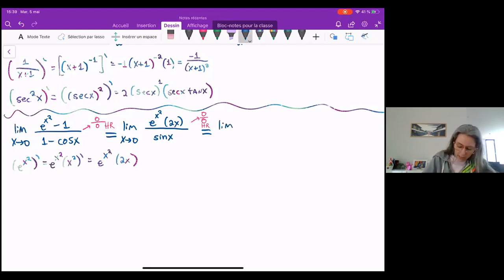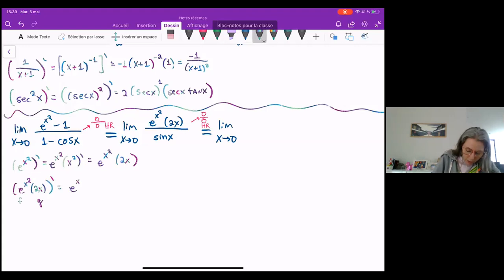The limit as x approaches 0, well, I have e to the x squared times 2x on top. That means I'm going to need a product rule. So I'm going to go down and do the product rule first. e to the x squared times 2x, prime. So I can think of that e to the x squared as my f, and the 2x is my g.